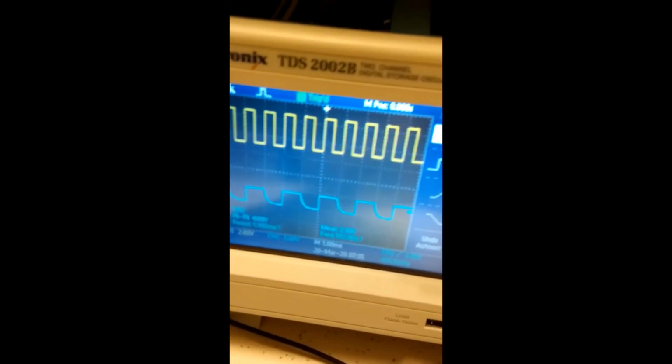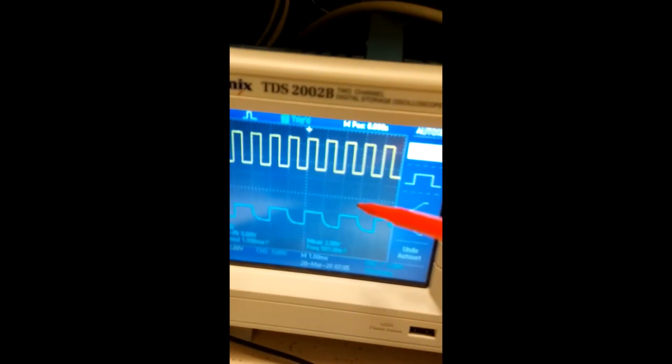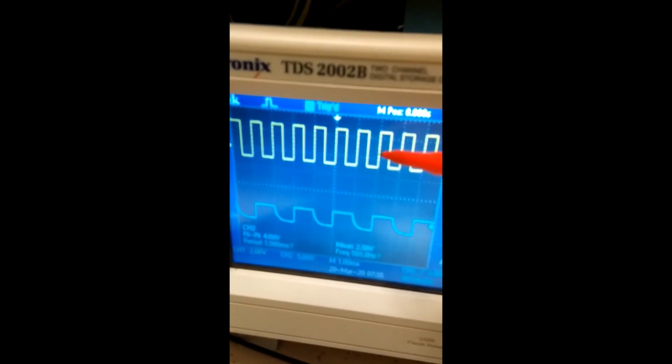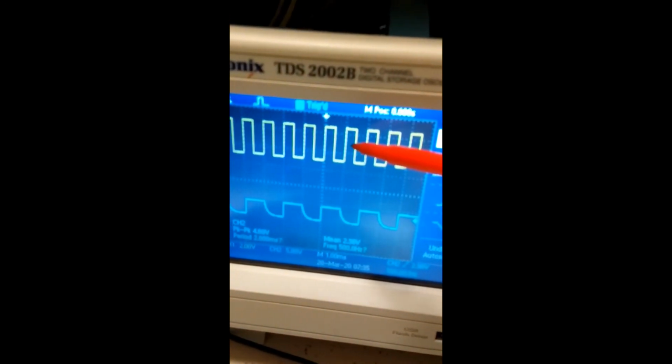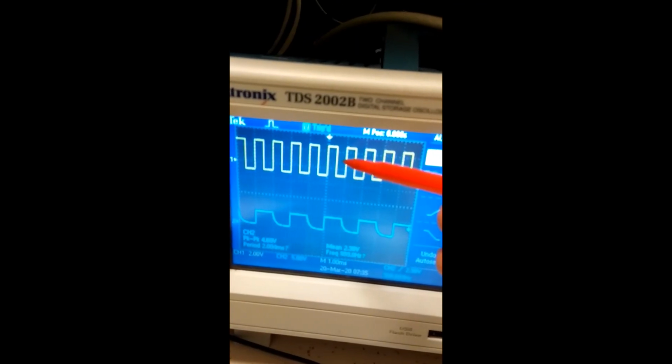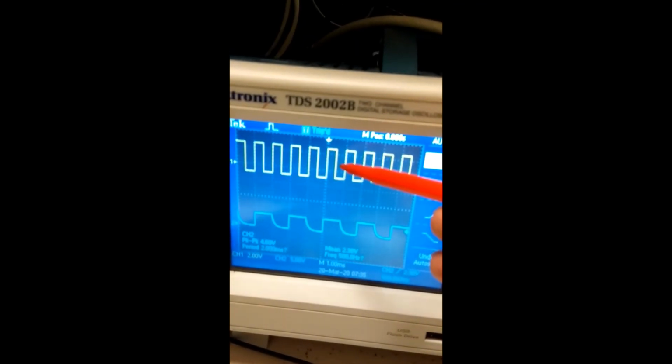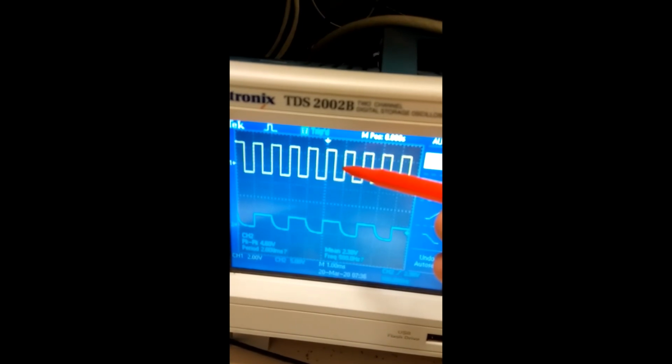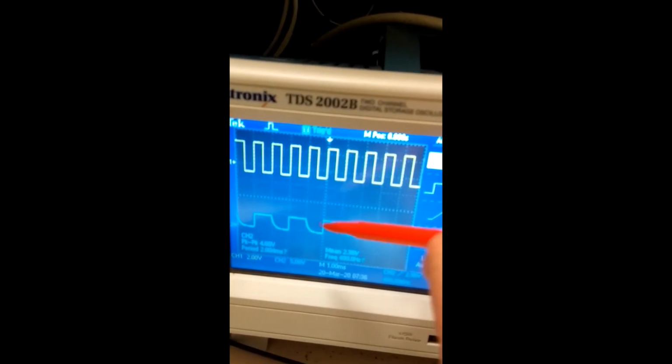And this is the result we have, combining the two ICs: this is the input signal to pin number 3 of 4013, and this is the output signal.